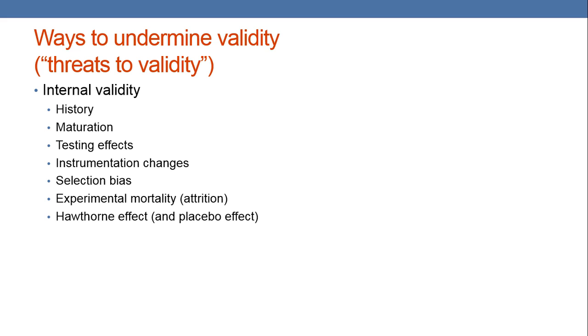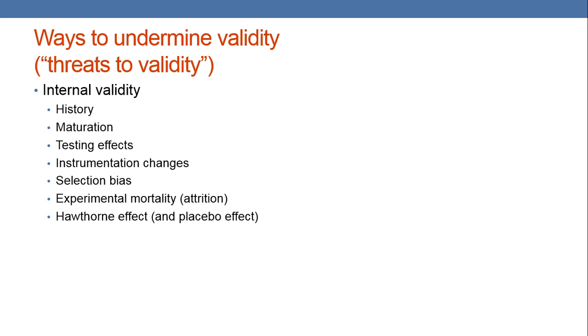Instrumentation changes has to do with the notion of changing your pre-test and your post-test, so they are not consistent. You might create a pre-test to observe four different phenomena or four different domains in a patient's experience, and then if your post-test doesn't match those or changes the measurements in them, it's very hard to do a comparison.